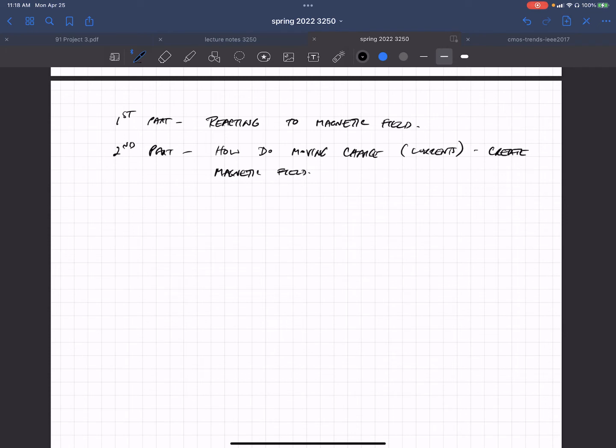Its effects are not going to be immediately apparent at our location. It's going to take the amount of time it takes light to travel from the location where the charge was moving to our location for the effects of that electric field to be felt here.